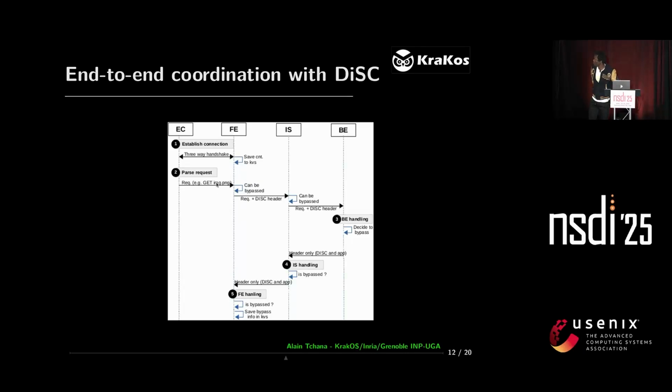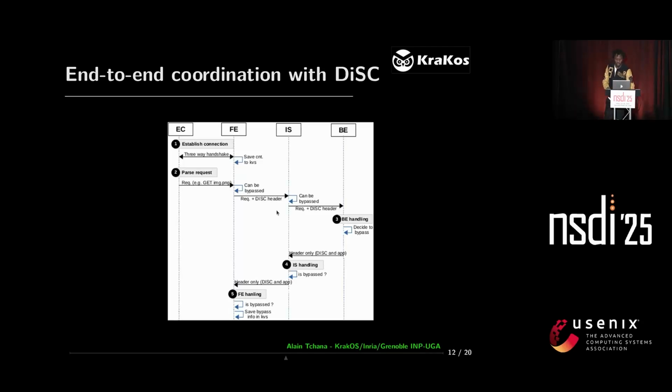And then, as soon as the client sends a request to the front end, each intermediate tier will decide if the response can be bypassed. We can configure the bypass, for example, saying that for this size of payload, it makes sense to bypass.